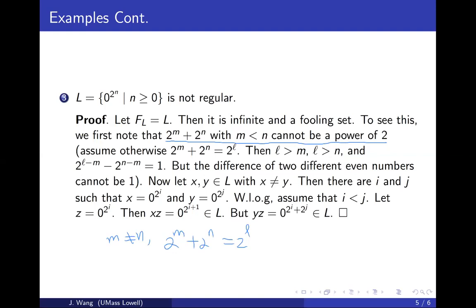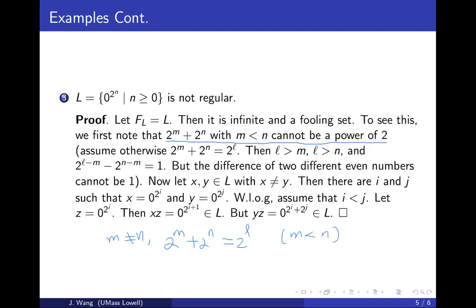For this, we assume that m is less than n. If n is less than m, then we just divide both sides by the smaller value of m and n.